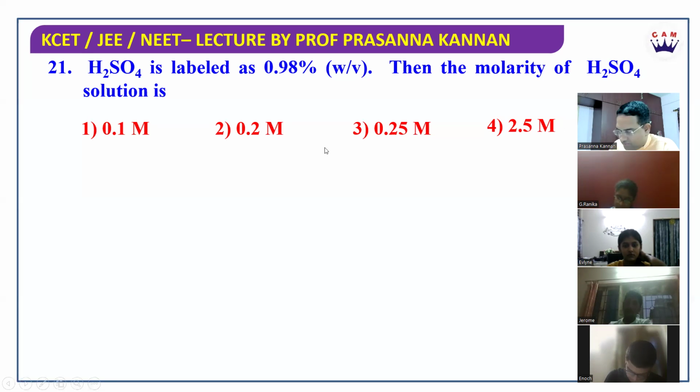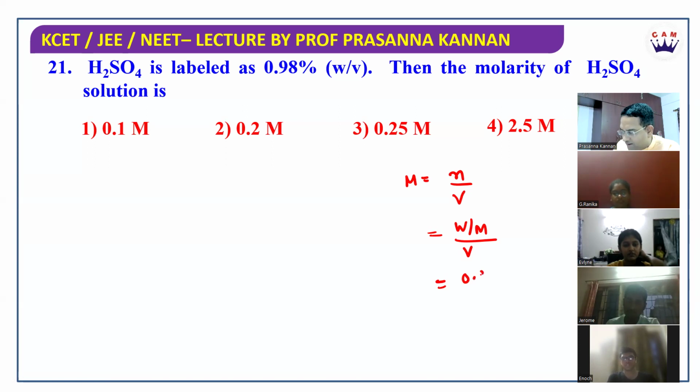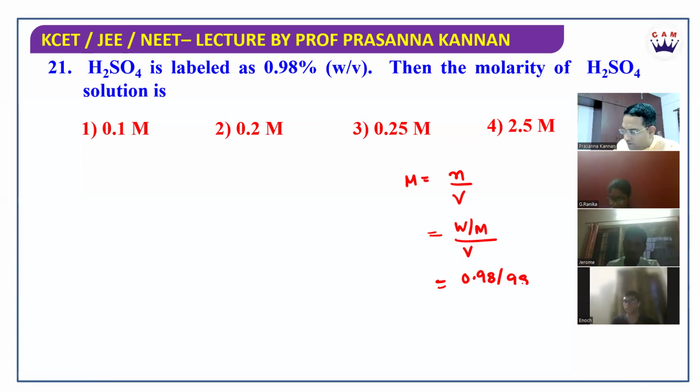Even if you have to do it by the formula, molarity is equal to number of moles by volume. Number of moles is given weight by molecular mass. Weight is 0.98 gram divided by molecular mass 98. Volume is 100 ml, which means you have to multiply by 1000. So 0.98 by 98 is 1/100, and 1000 by 100 is 10 times, right?